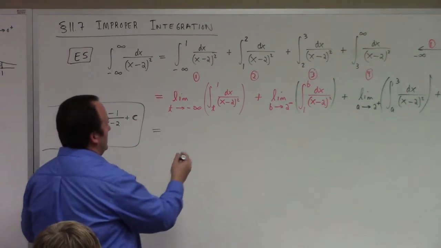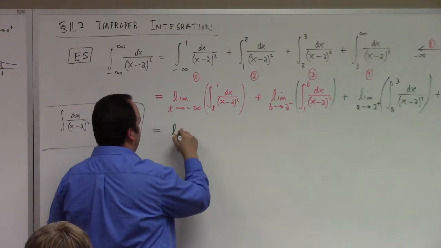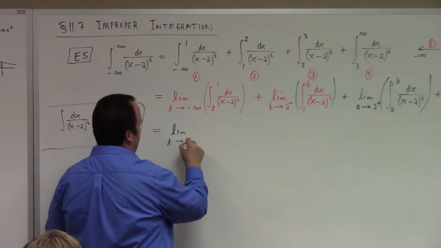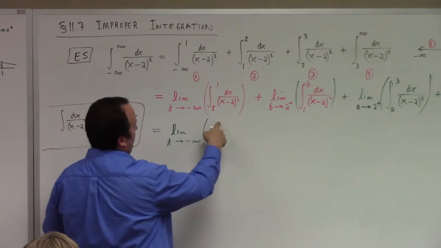Let's see here. So we're looking at the limit as t goes to minus infinity.